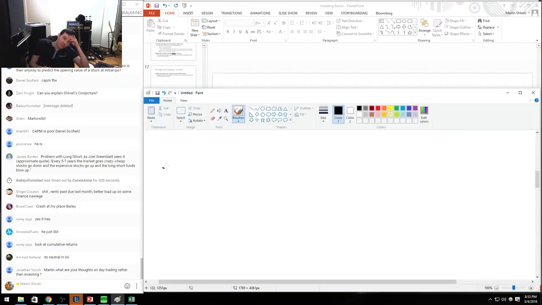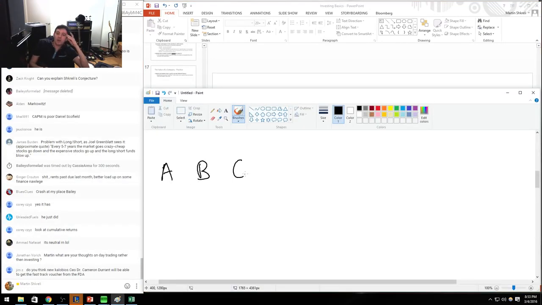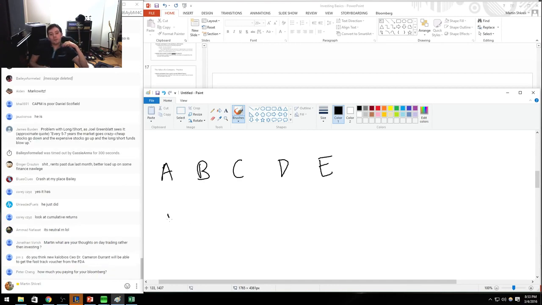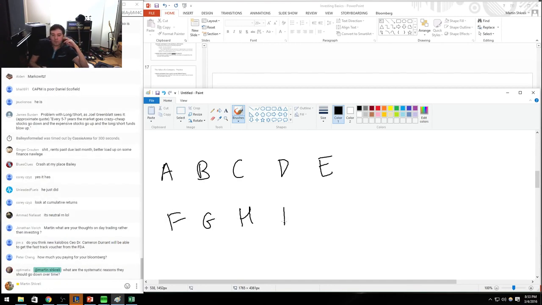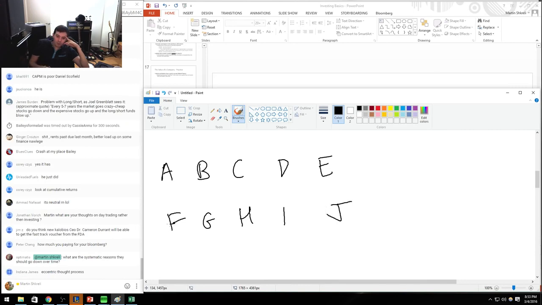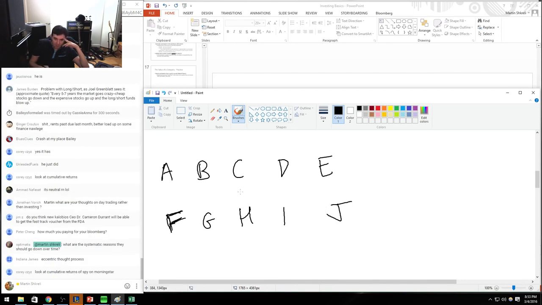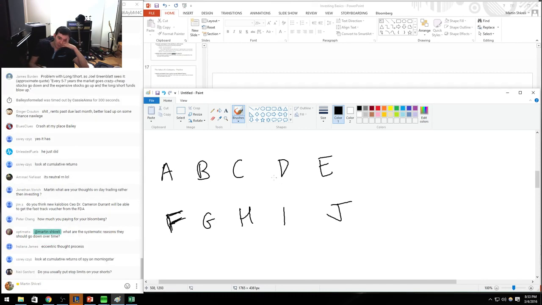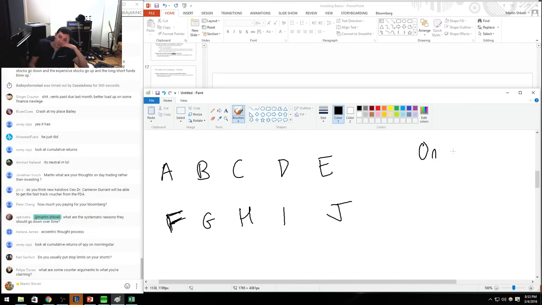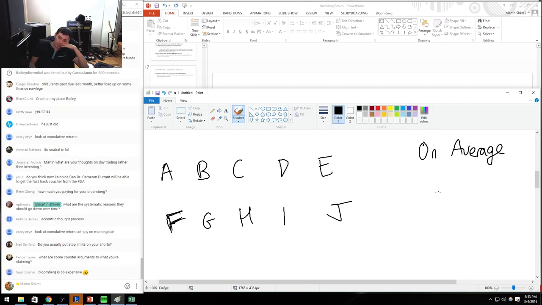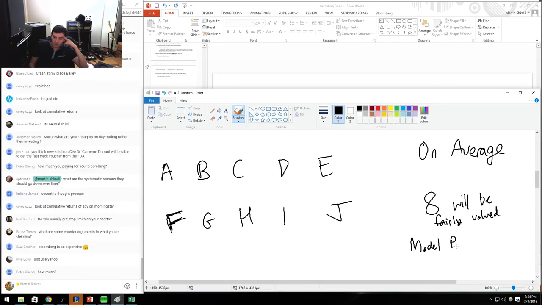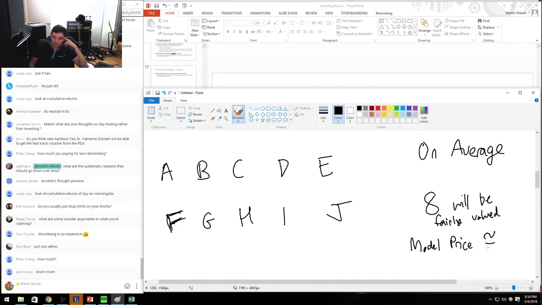My take on the stock market, and this is my experience over a long period of time, is that if you have 10 different stocks, on average, 8 will be fairly valued. In other words, the price you get from your modeled price will basically be pretty close to the market price.